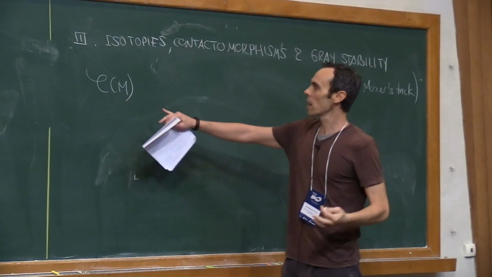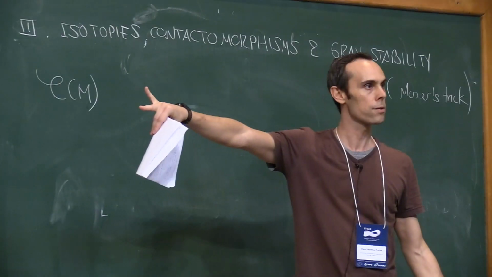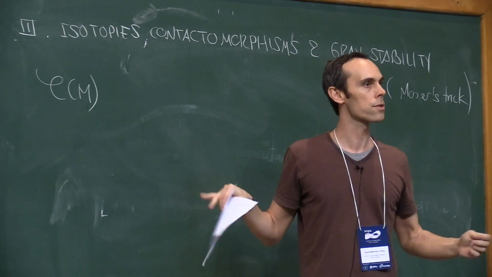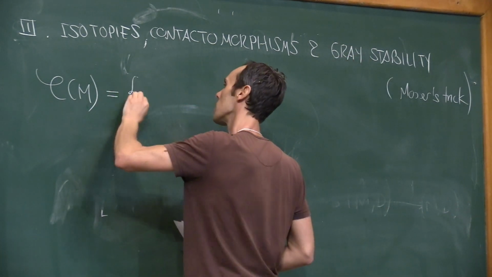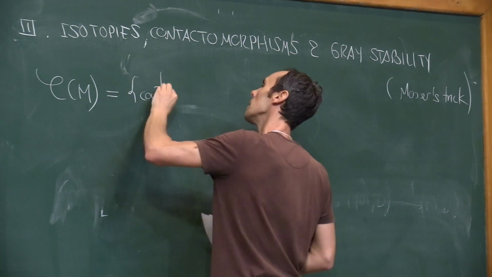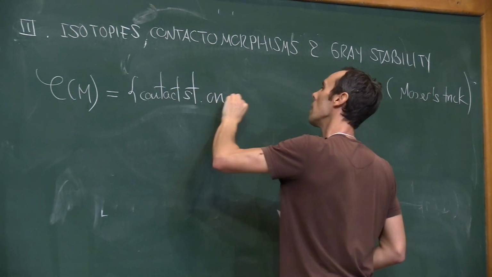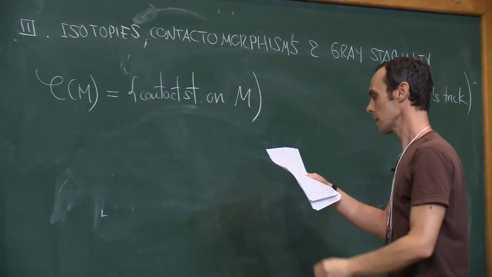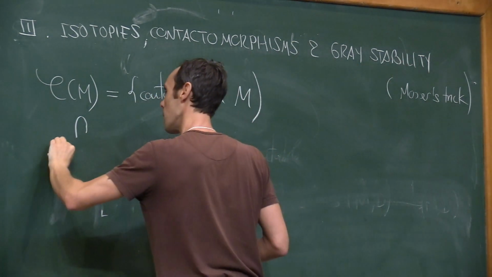Suppose that we have a manifold which is almost contact. That theorem tells us automatically that we do have contact structures. So we may look at the space of contact structures on the given manifold. So we can assume that it's non-empty. So contact structures on M.